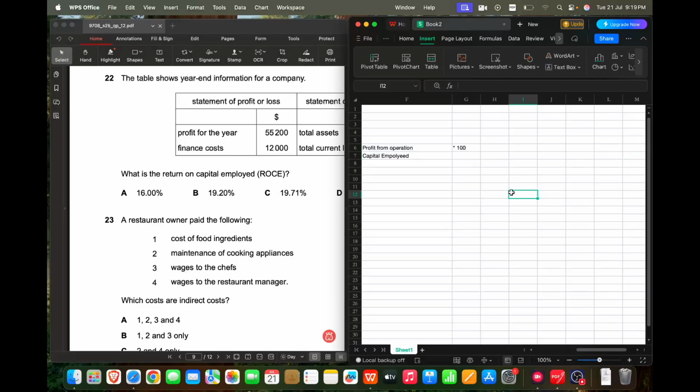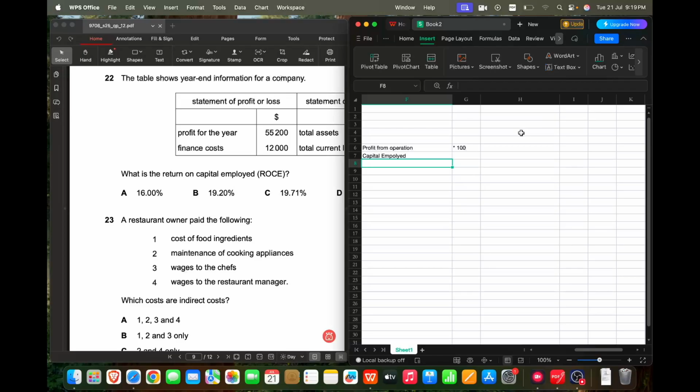And it will give you a percentage. Profit from operation is profit before interest and tax, and capital employed is equity plus non-current liability. So we calculate both of these.